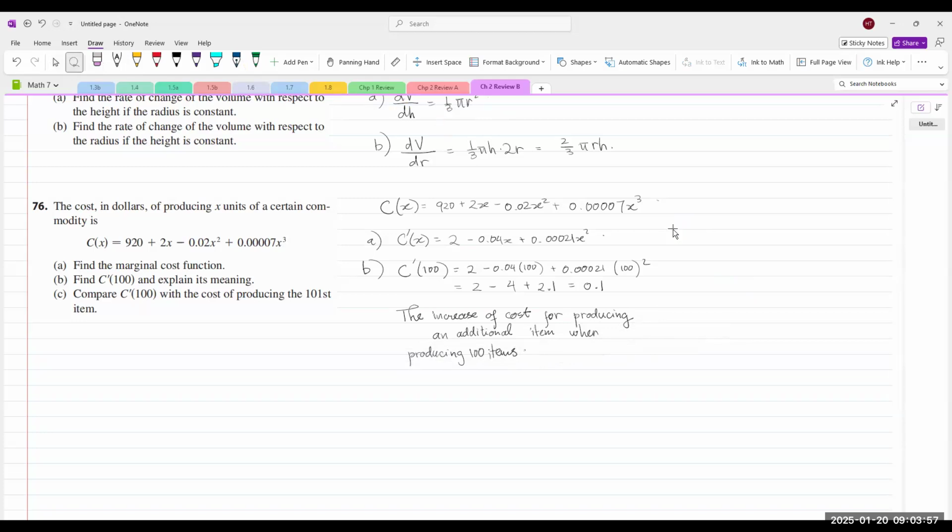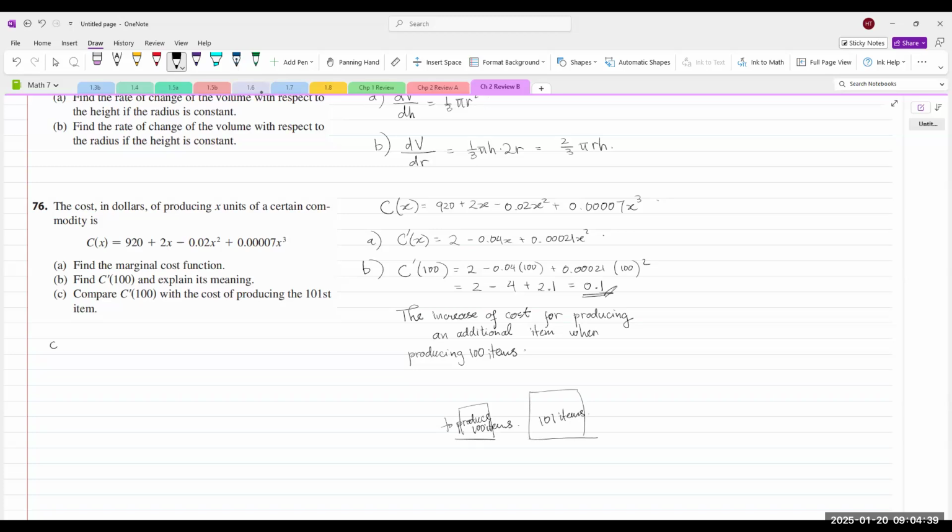So let's say there's a cost to produce 100 items. Of course, producing 101 items has a different cost, right? Now to produce the next one item will cost us additionally how much money? So that's from the limit, from the derivative point of view.